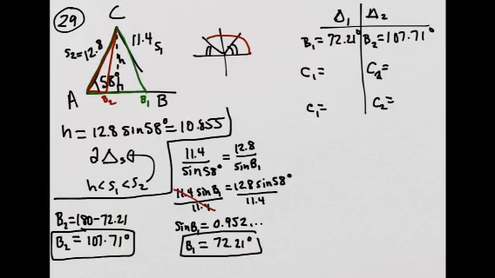Now to find angle C, both C1 and C2, you add the two angles and subtract from 180. So for C1, you take 180 minus the sum of 58 and 72.21. When you add those together, you get 130.21.